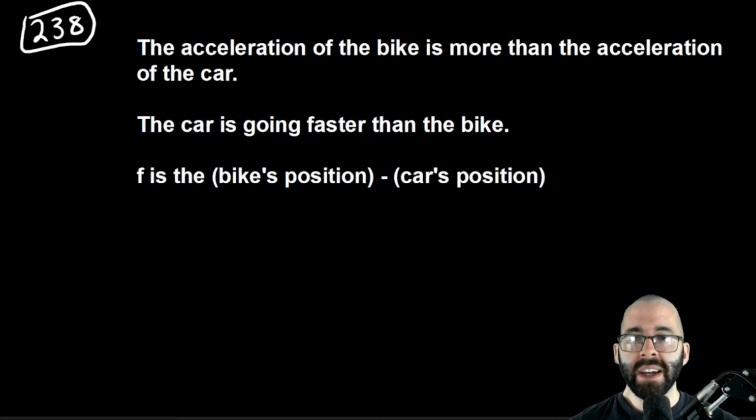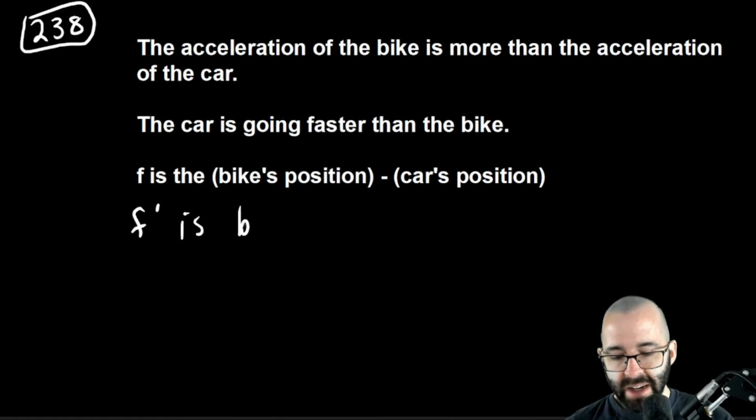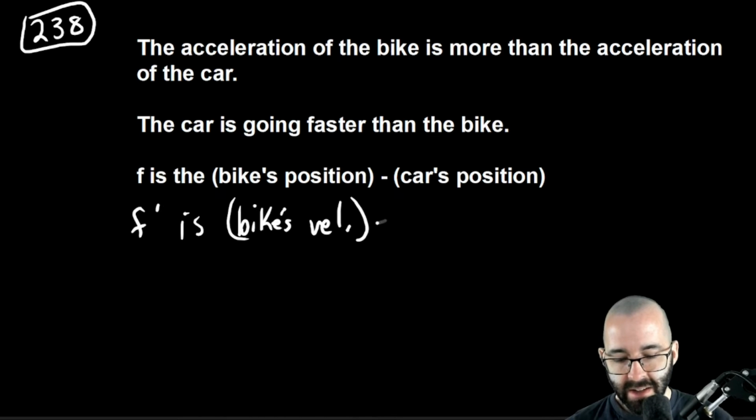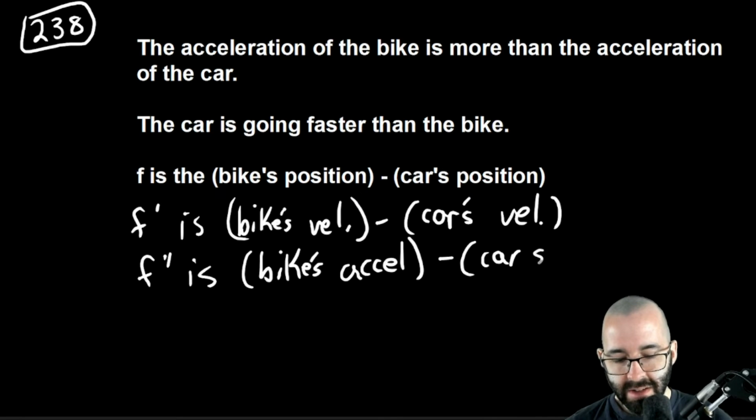If the bike's position minus the car's position is f, well, that means that f prime is the bike's velocity minus the car's velocity. And f double prime is the bike's acceleration minus the car's acceleration.